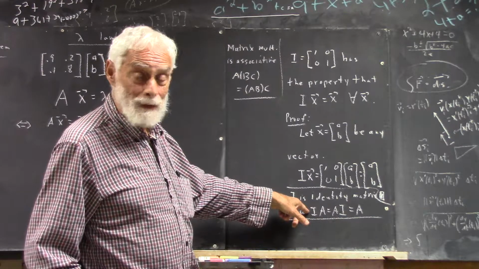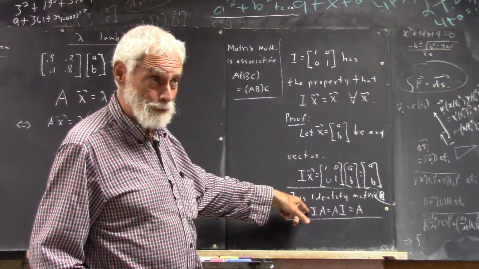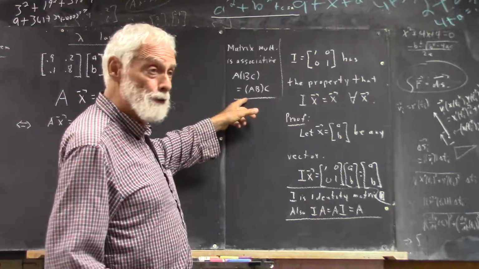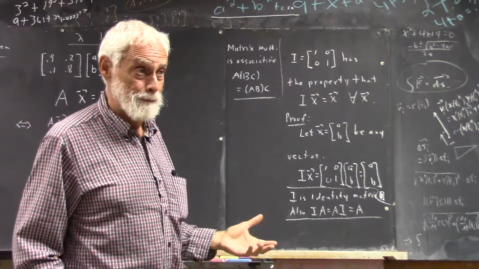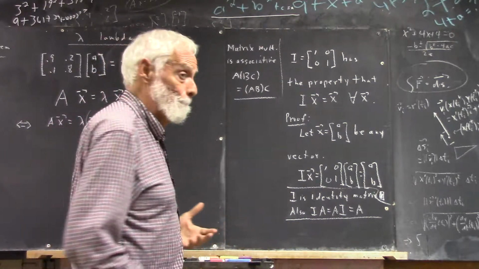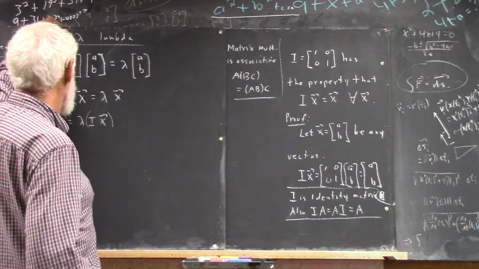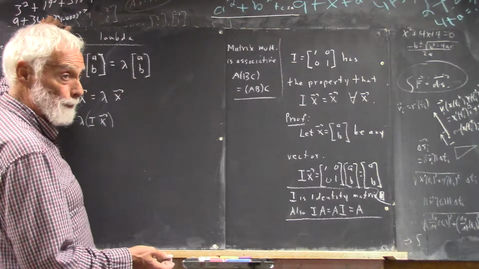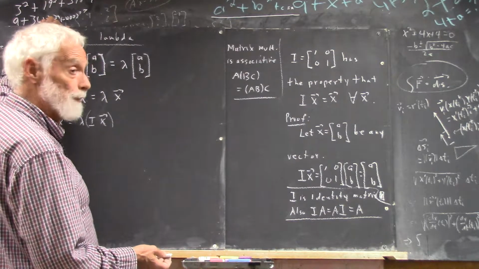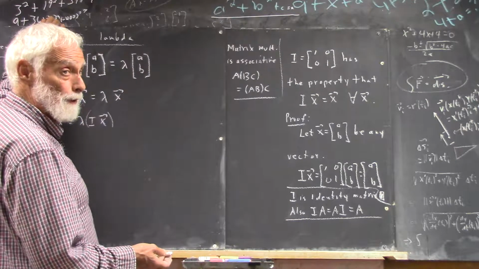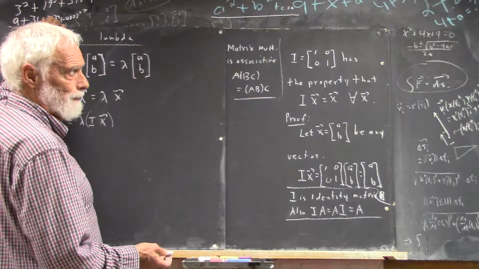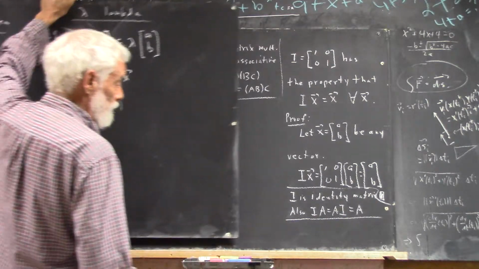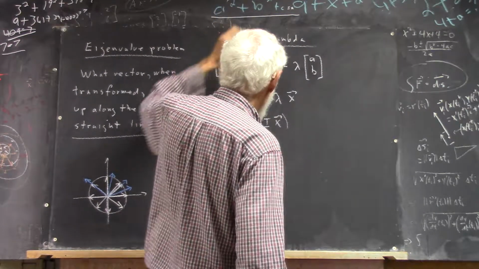There aren't necessarily inverses. And there is associativity, but you don't have commutativity. So there's several properties of matrix multiplication. Most of them are obvious, and the ones that aren't obvious you can easily believe just by writing a couple of matrices down and doing an operation. And we're going to develop all that.